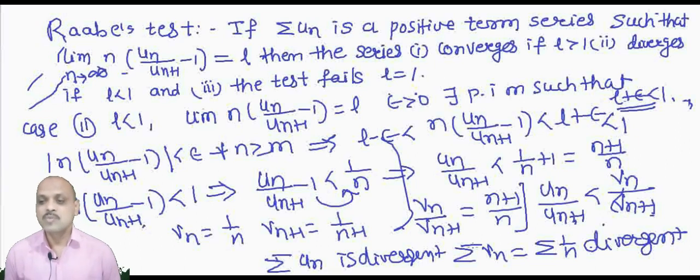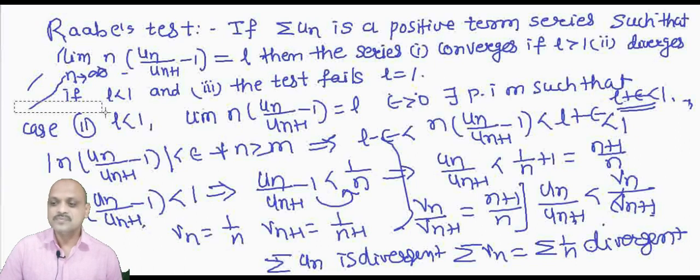Now here we have proved convergence if L is greater than 1, divergence if L is less than 1, and we show that this test fails if L is equal to 1.